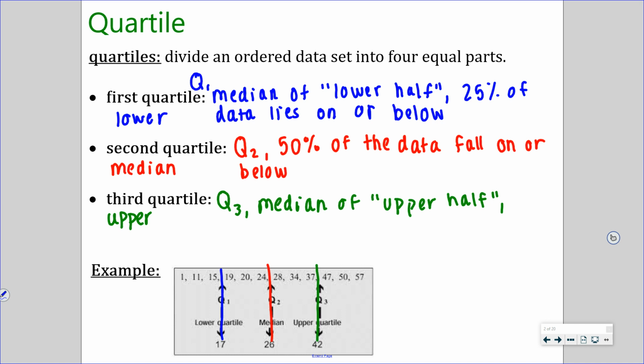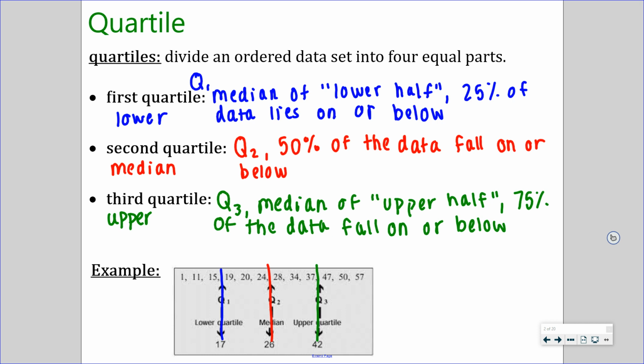If we look at the upper quartile, we know that 75% of our data lies below or on that upper quartile.